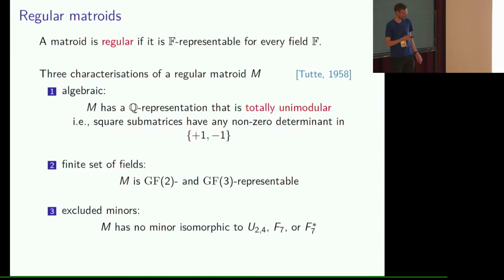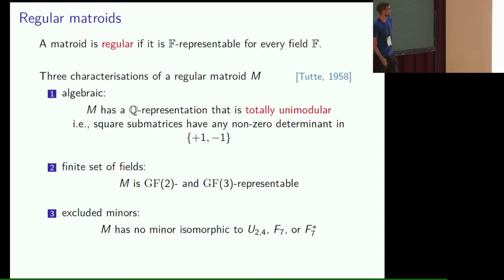So first of all, what I'm calling here an algebraic characterization. We can say that a matroid is regular if and only if it has a representation by a totally unimodular matrix, by which we mean all of our square submatrices have determinants that are either -1, +1, or 0. So this is one nice characterization.